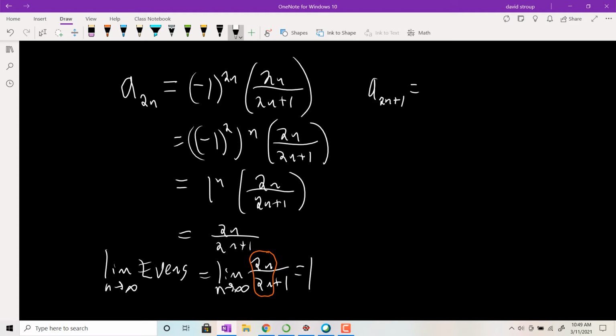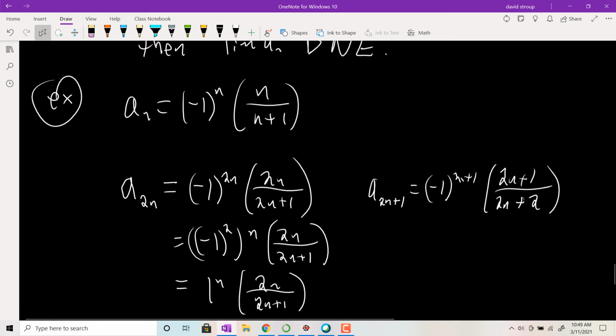What is that? Well, that's -1 to the 2n plus 1 times 2n plus 1 all over 2n plus 1, which is 2n plus 2. I'm just plugging in 2n plus 1 for n into this expression, and well, the whole expression, right? Wherever I see n, I put 2n plus 1.